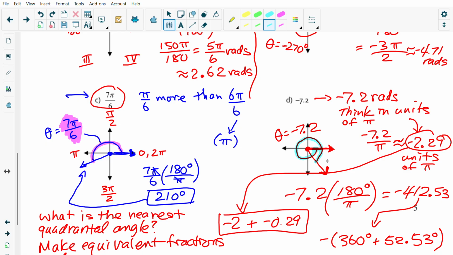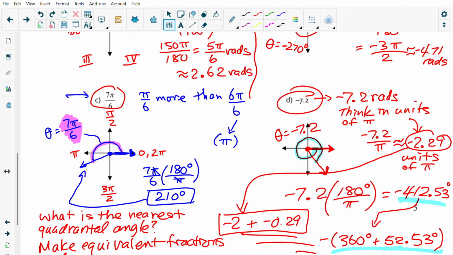So a little bit more than halfway through this quadrant, and that's my extra 52.53 when you add it up. That's our measure in, oops, I need a degrees sign here, folks. Let's draw that degree sign, okay? So that's a handy way to think about it.